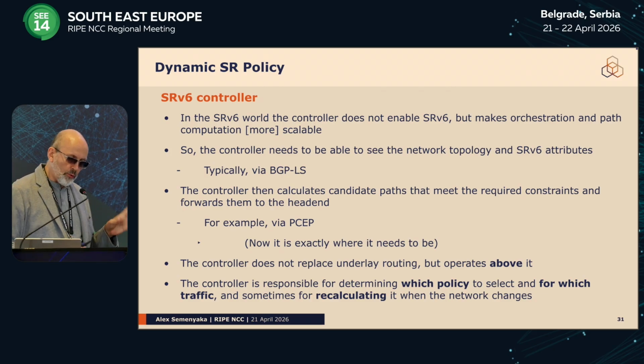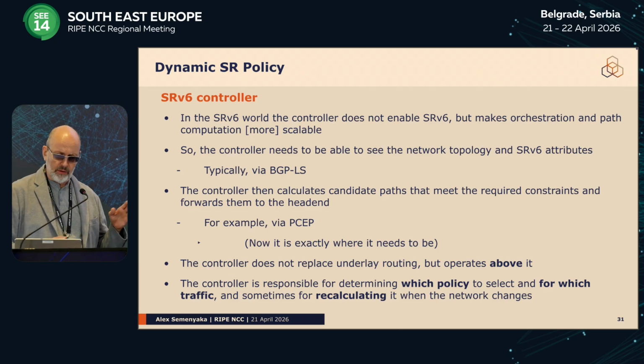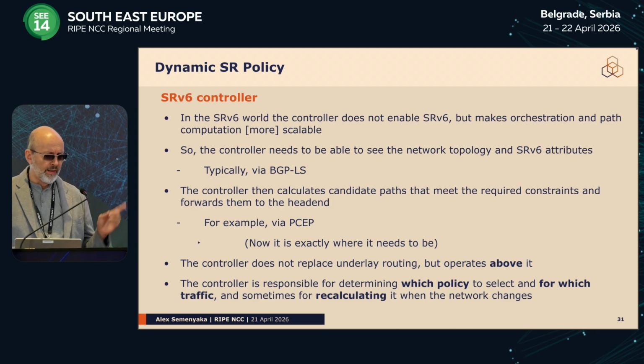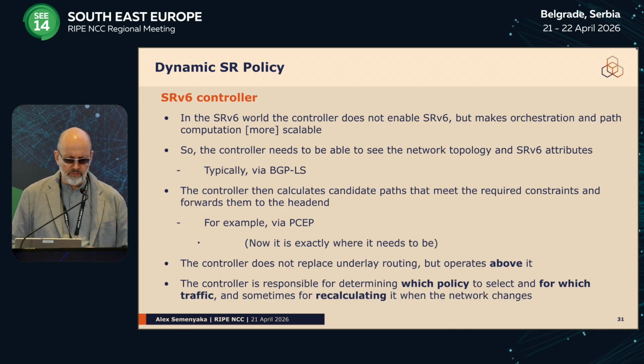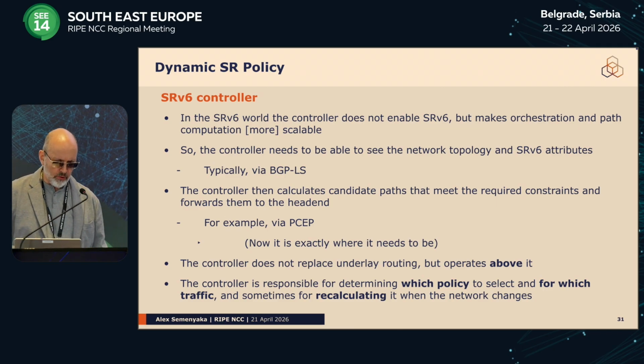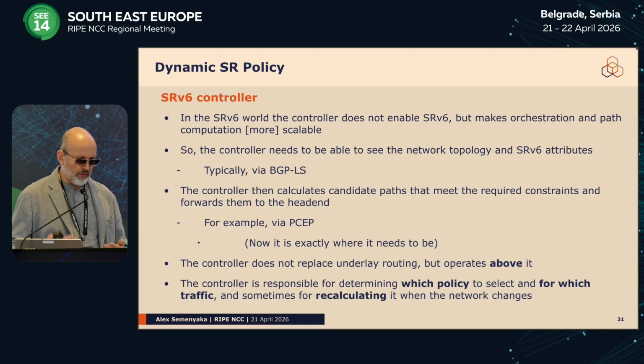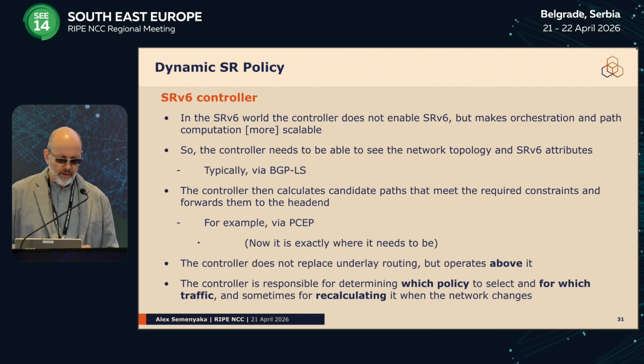And it's important to understand that there is a huge difference between an OpenFlow controller and a segment routing v6 controller. In segment routing v6, the controller does not enable the technology. It makes orchestration and it adds scalability to our calculations, but not more. And how does it work?